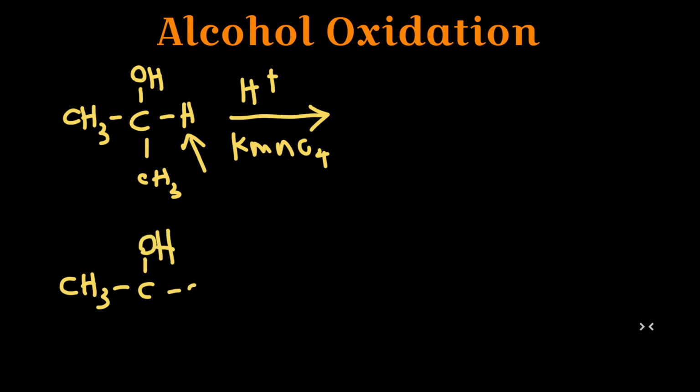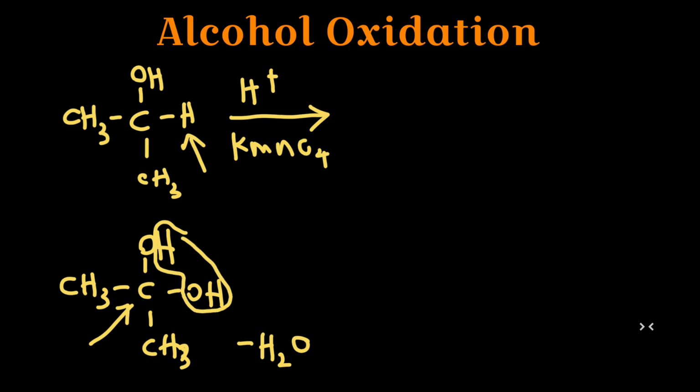After replacing this hydrogen, there is an OH group instead. Now you can see there are two OH groups, so this carbon atom becomes unstable, so we use our previous steps. Then we remove one H2O molecule like this. After removing one H2O molecule, we get a ketone.